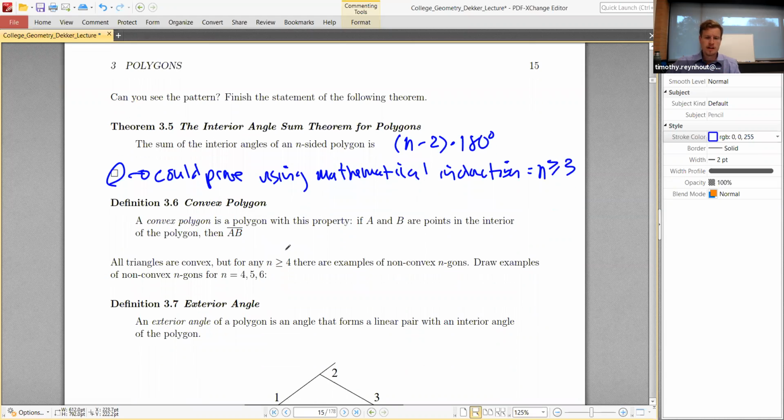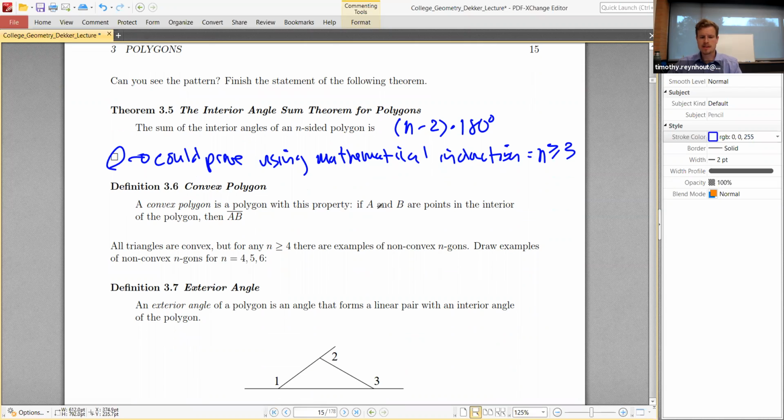All right, so a convex polygon is a polygon with a particular property. That property is that if A and B are points in the interior of the polygon, then the line segment connecting those 2 points is also contained in the interior of the polygon.